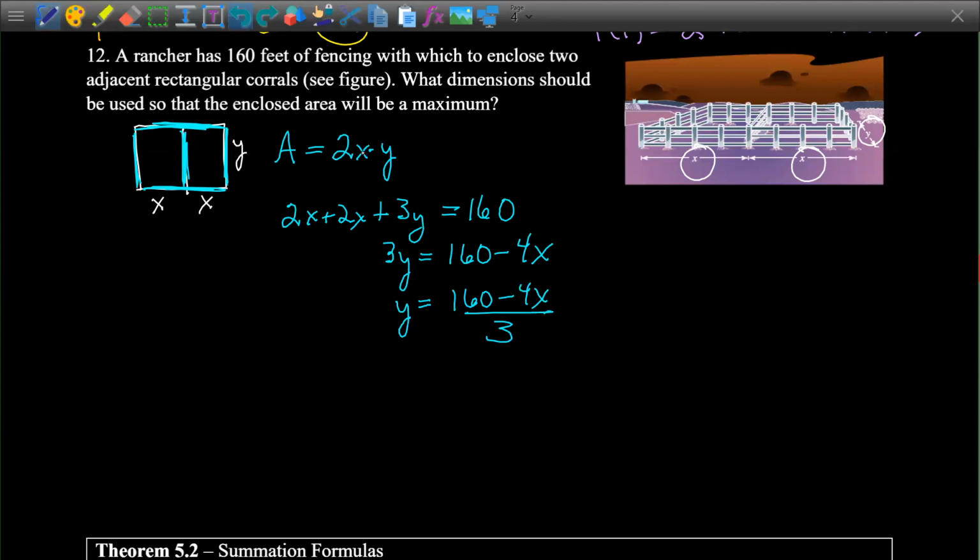And then we'll just have a function of x. And just to emphasize that, I'll say this is A of x. So 2x, I'm going to plug in what we just found for y, 160 minus 4x over 3. And this is what we want to maximize.